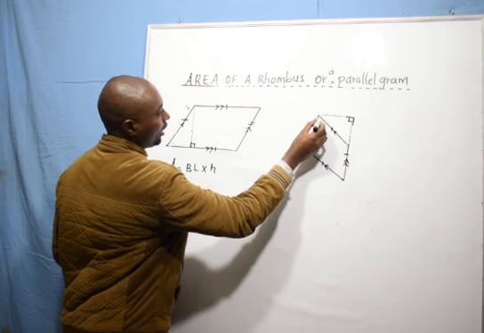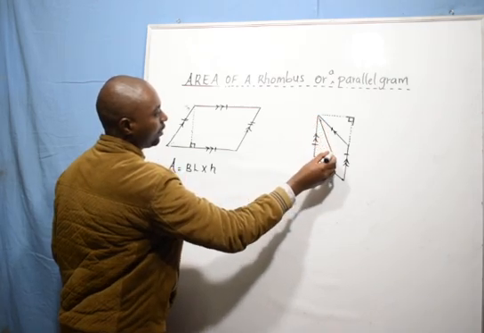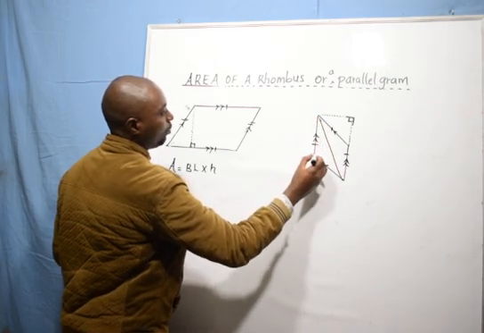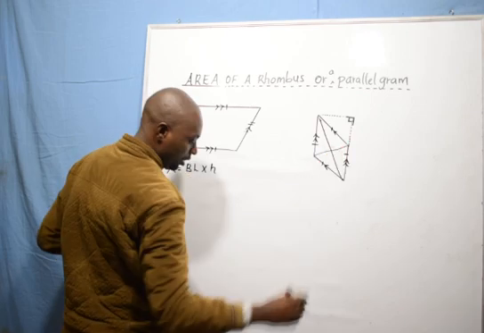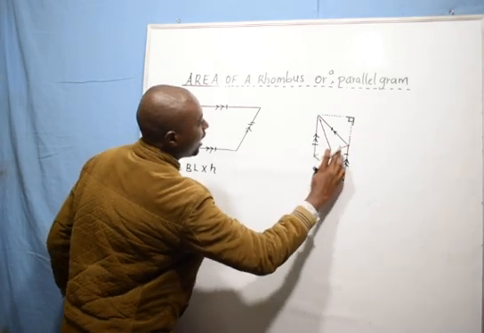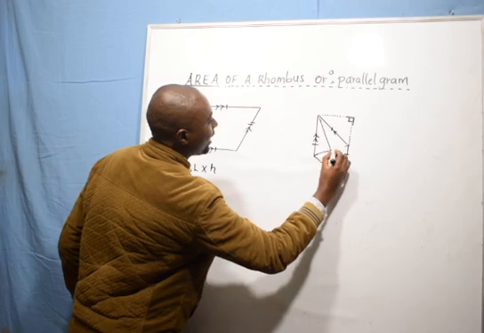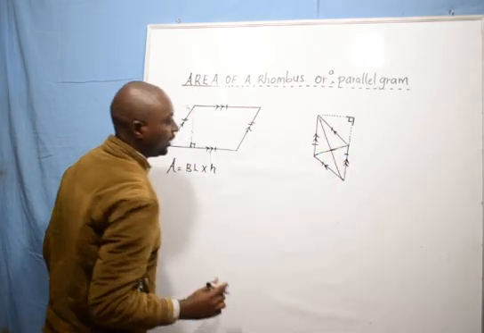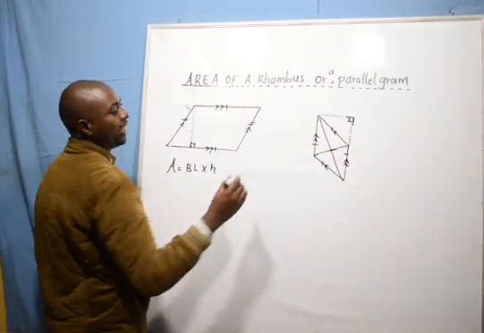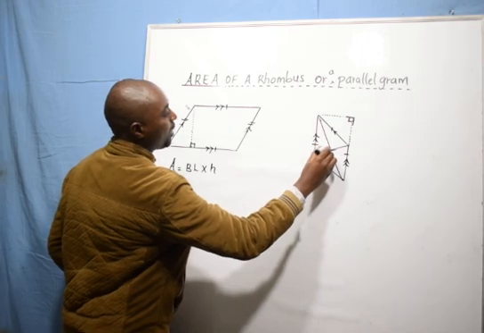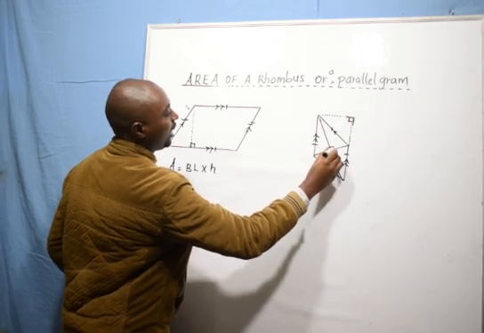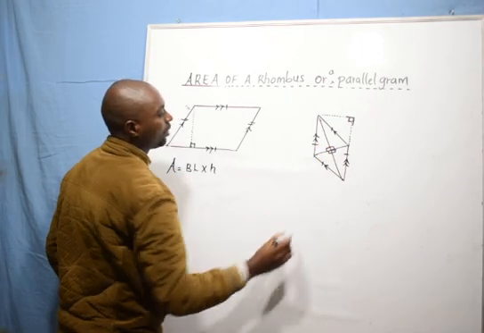Because if I were to draw the diagonals here, that diagonal cannot be equal to this diagonal. But one special thing about the diagonals of a rhombus that is also found in a square is that the diagonals of a rhombus bisect at right angles.